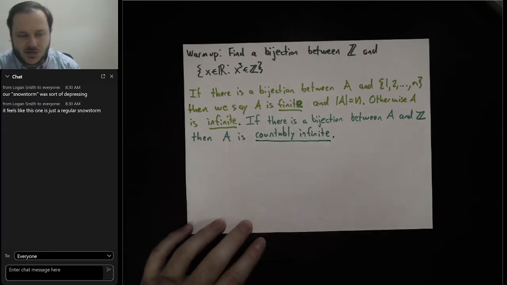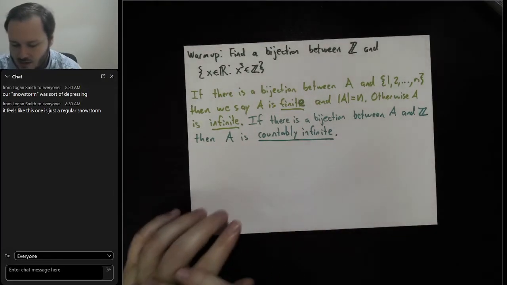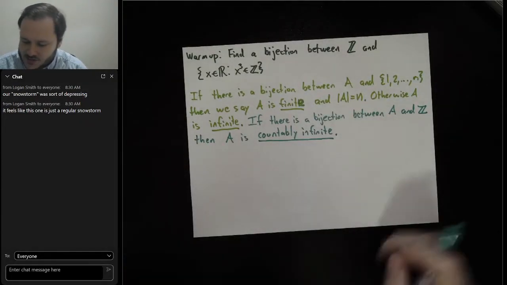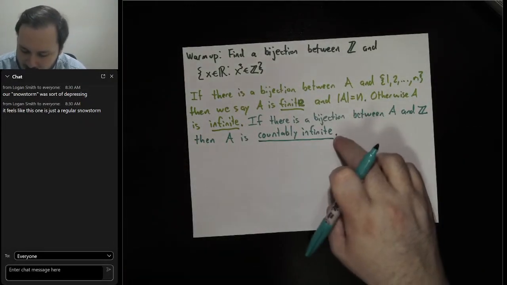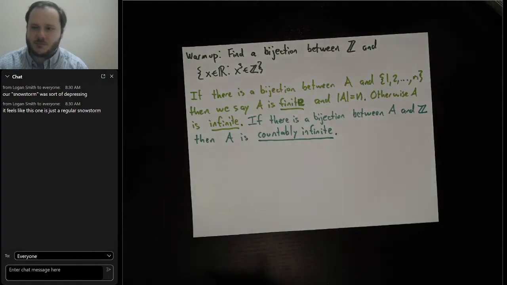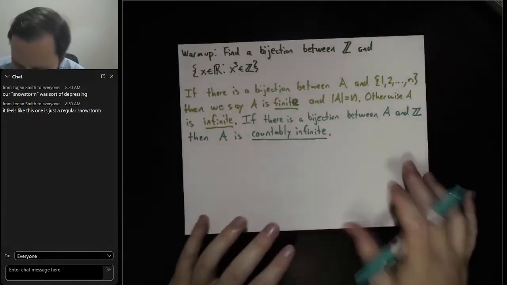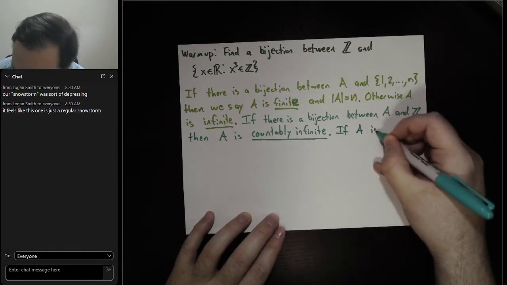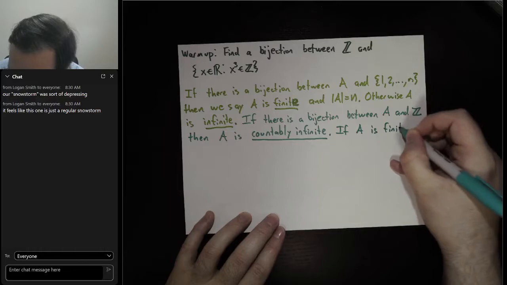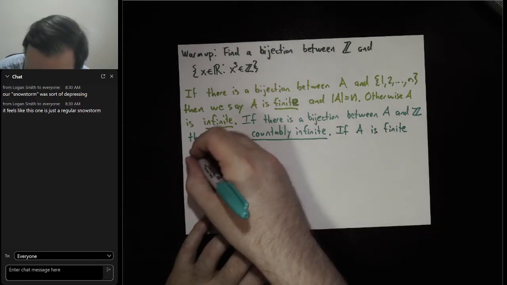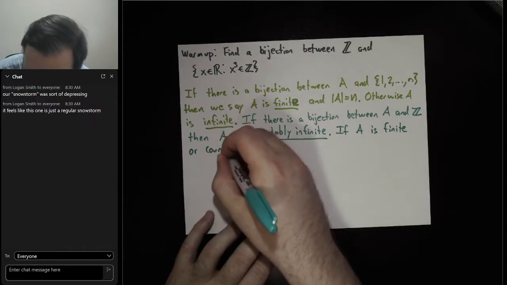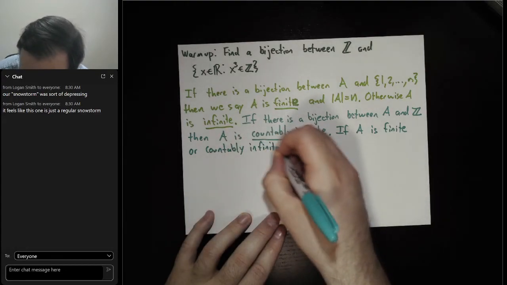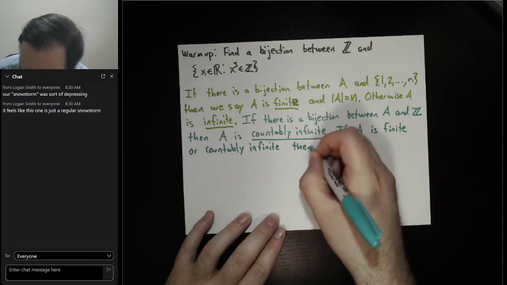And sometimes we don't want to distinguish between infinite and finite. What we want to distinguish between is countably infinite or finite versus a bigger infinity. So the word for that is countable. If A is finite or countably infinite, then A is countable.